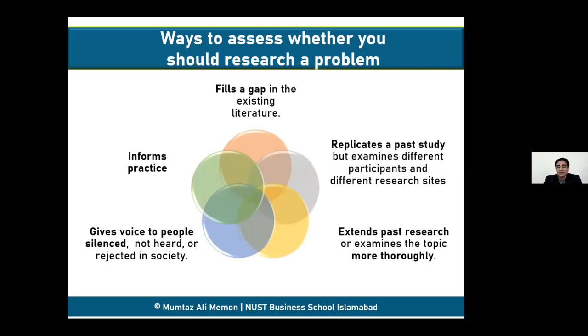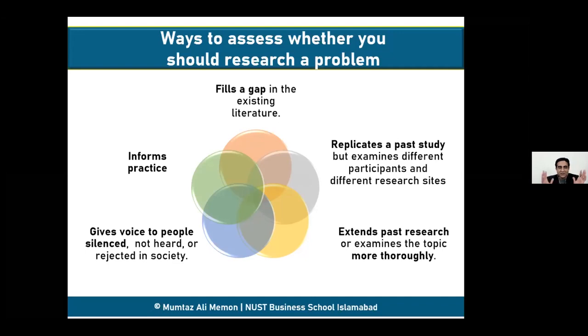Secondly, replicate a past study. The study has been done in Western countries, and you want to replicate it here. Although in our Asian cultures, we don't appreciate replications, unfortunately. But replications are very important in order to advance the theory.